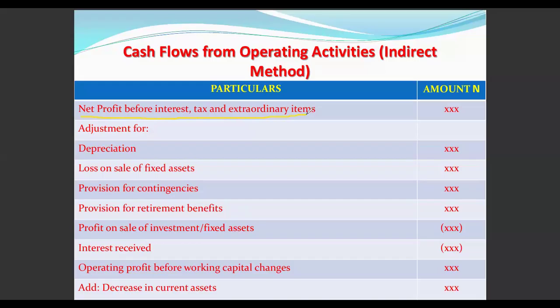So it means we first write down the gross profit and then make the adjustments for depreciation, fixed assets, provision for contingencies, provision for retirement benefits, the difference between sale of investments or assets, interest received, and operating profit before working capital changes.